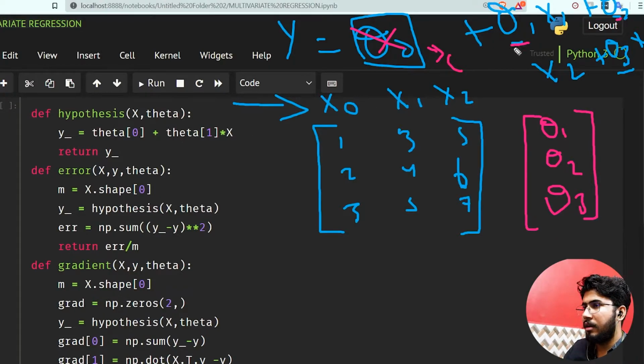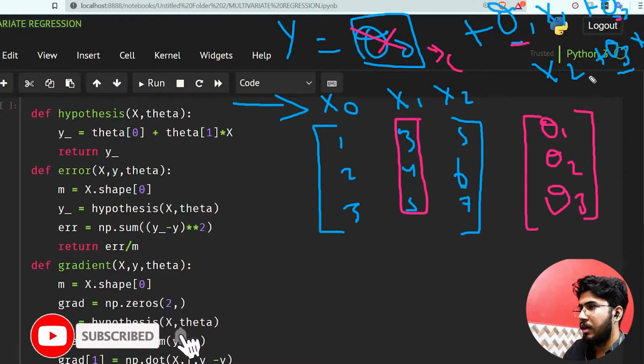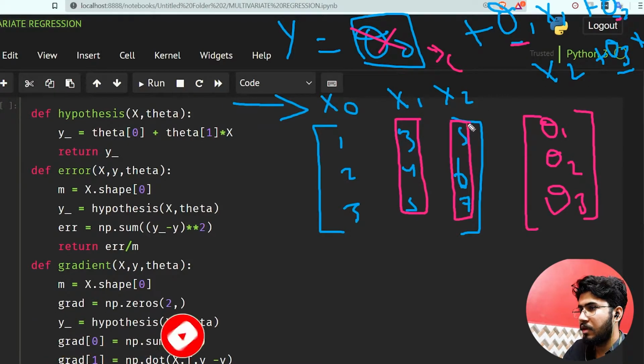Now let's look at our formula. It is saying theta 1 into x1, and x1 is this. Theta 2 into x2, x2 is this, and theta 3 into x3. Oh sorry, this should be x1. Let's take x1 x2 x3. So we are going to multiply them like this.